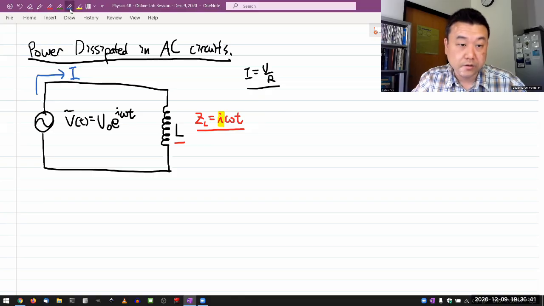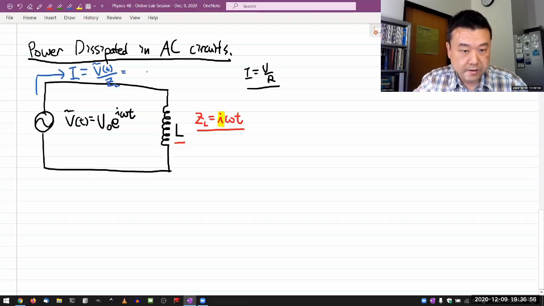Then the current induced through this circuit should look like the time-dependent voltage divided by the impedance of the circuit, and that exactly gives you the answer. So let me just write it out here. It's V naught divided by i omega L times e to the i omega t.